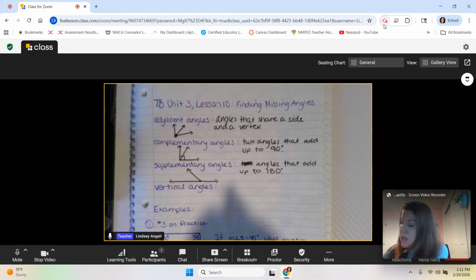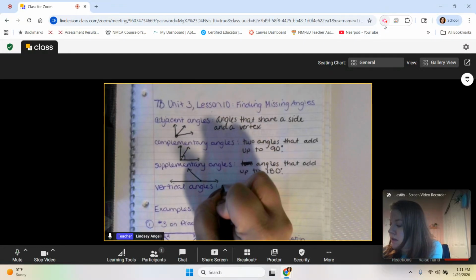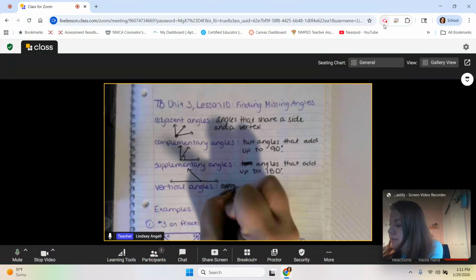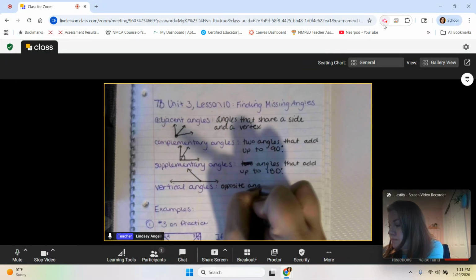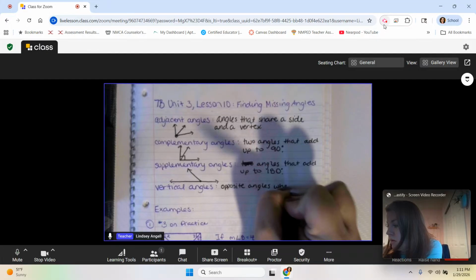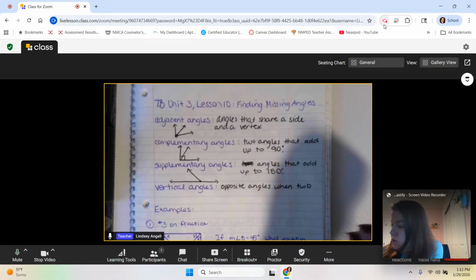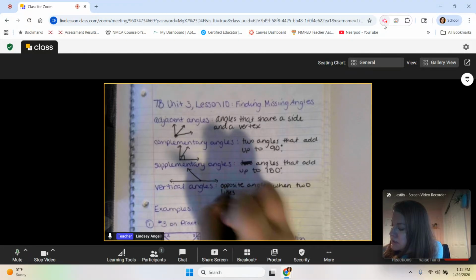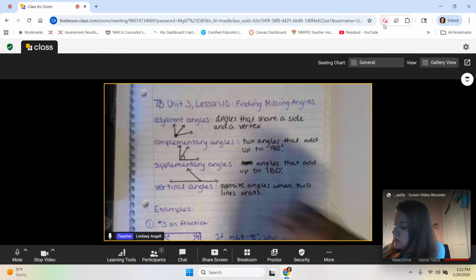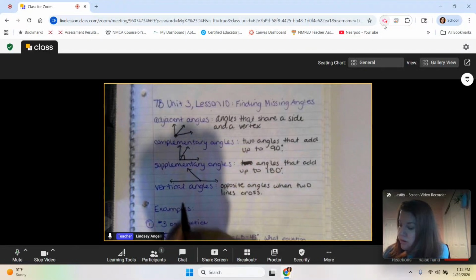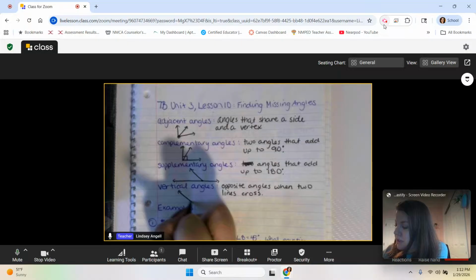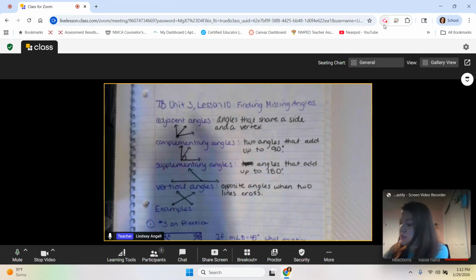Okay, and then vertical angles, they are opposite angles when two lines cross, okay, or intersect. All right, so that would look something like this. There's one line, there's another line.